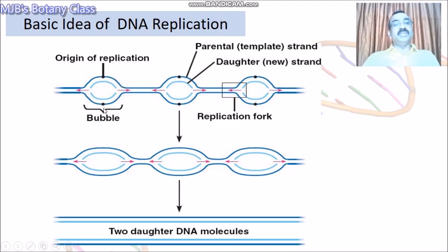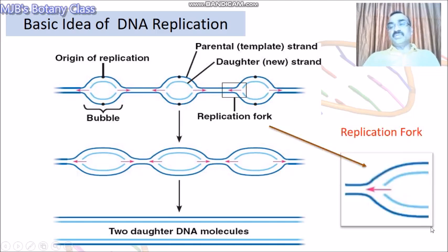So this is called the replication bubble. So you can see many replication bubbles along the length of the DNA, and from this point of origin you can see these arrow marks directing in either direction. That means replication proceeds in both directions. So we say it is bidirectional. So here further progress has taken place, and ultimately you can see here two daughter DNA molecules are formed.